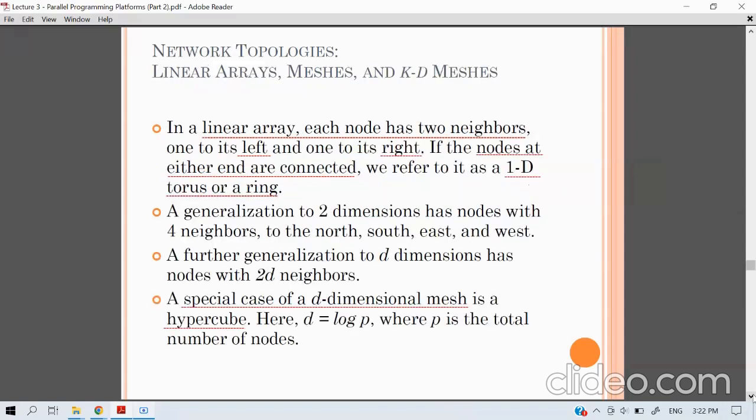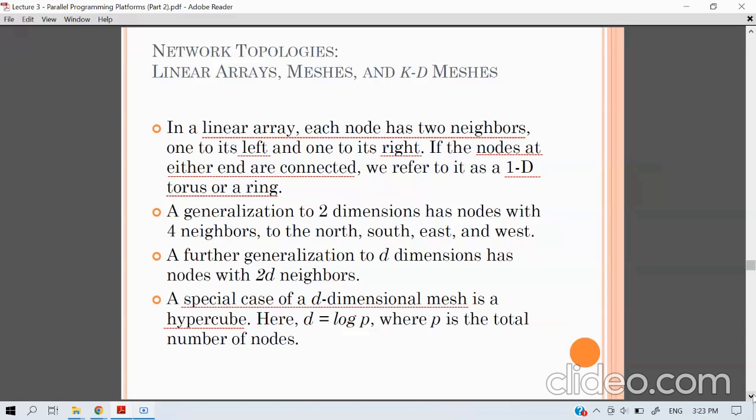Let's move on to the next topologies, which are linear arrays, meshes, and k-d meshes. A linear array is a linear line. Each node has two neighbors, either left or right. If the nodes at either end are connected, we can refer to it as a 1D torus or a ring. A generalization to two dimensions has nodes with four neighbors: north, south, east, and west.